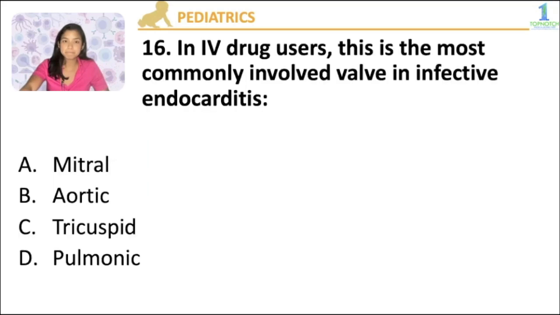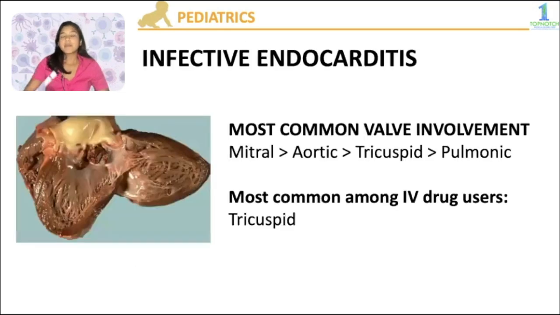Okay. Next, in IV drug users, this is the most commonly infected valve in infective endocarditis. Is it mitral, aortic, tricuspid, or pulmonic? In IV drug users, the answer is letter C, tricuspid. Remember, in normal infective endocarditis, it's MATP: mitral, aortic, tricuspid, pulmonic.